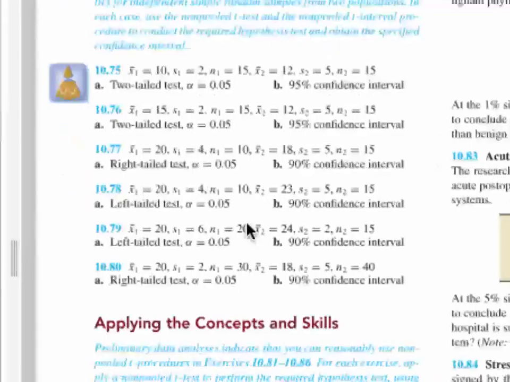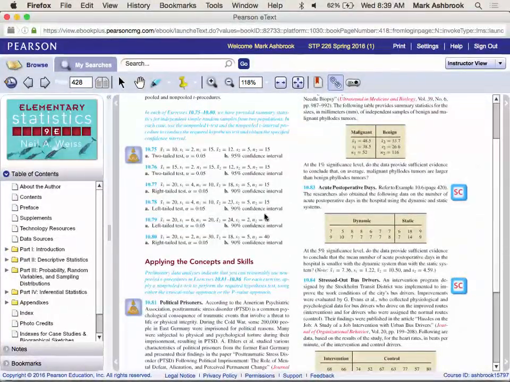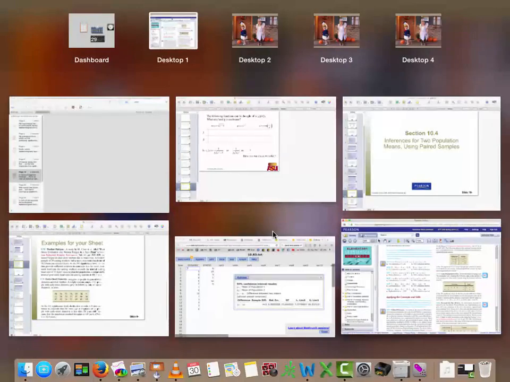Okay, everyone got it? All right, so we'll do the StatCrunch together, and then it's up to you to do the rest on your sheet.